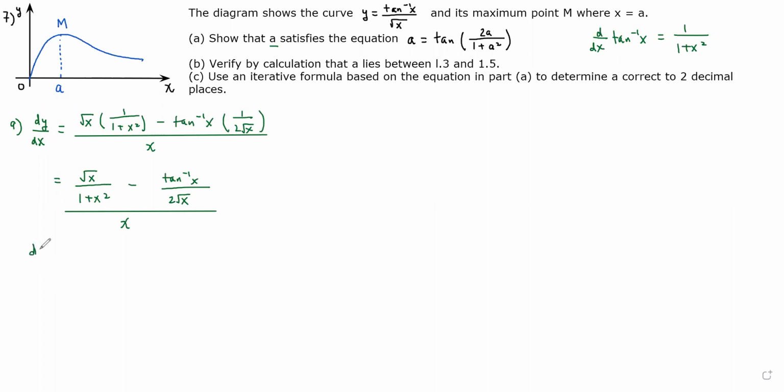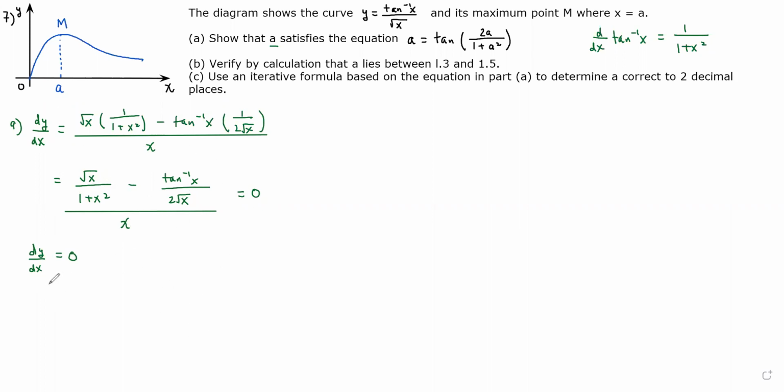So for this case, we set dy/dx to 0. When this is set to 0, we can multiply throughout by x, so that x is gone. So dy/dx is 0 only when the numerator is 0.